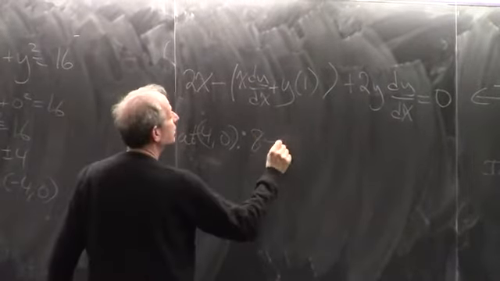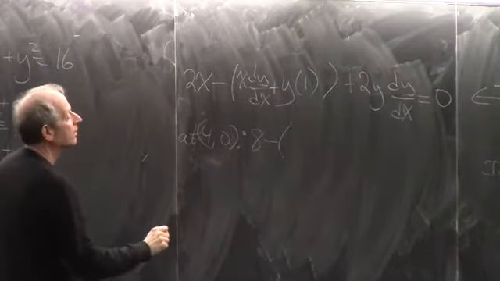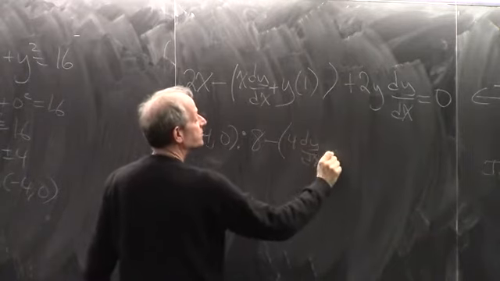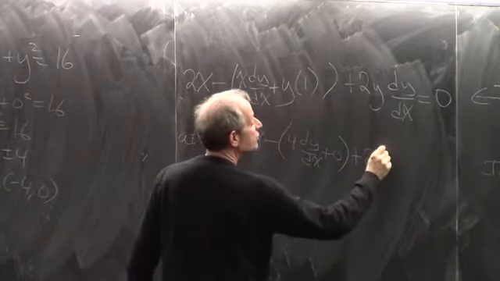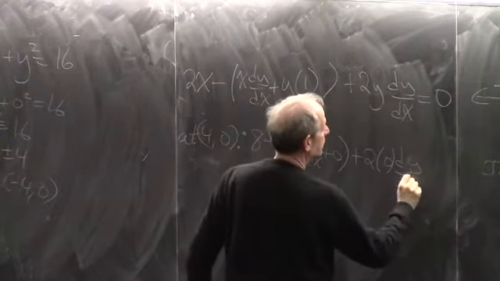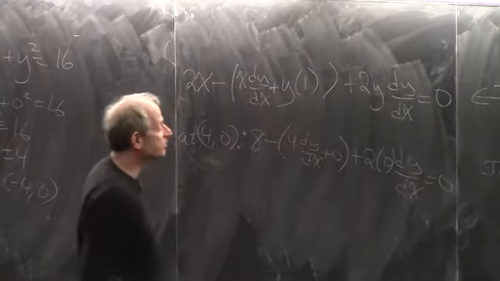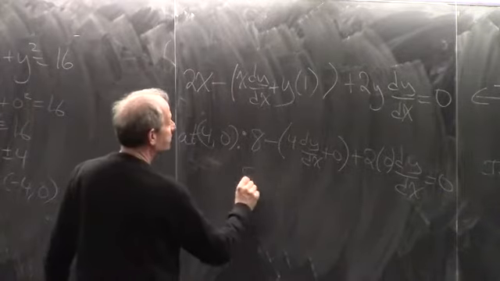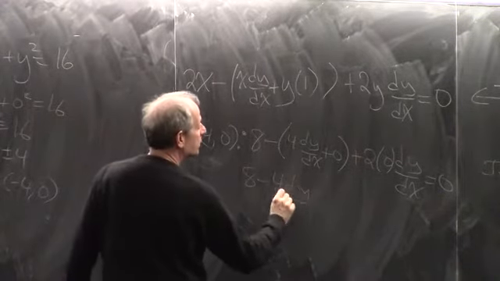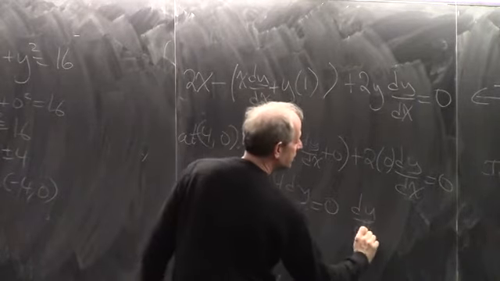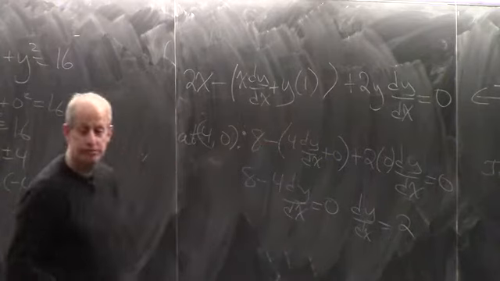You get 8 minus 4 dy/dx plus 0 plus 2 times 0 dy/dx, that's the y, equals 0. Now you just simplify that to 8 minus 4 dy/dx equals 0, or dy/dx equals 2.